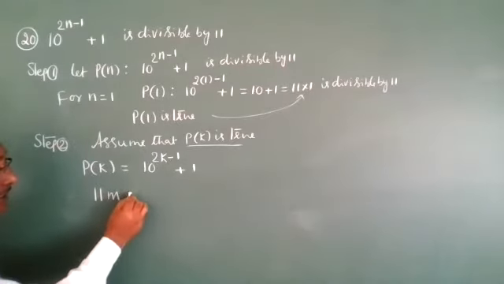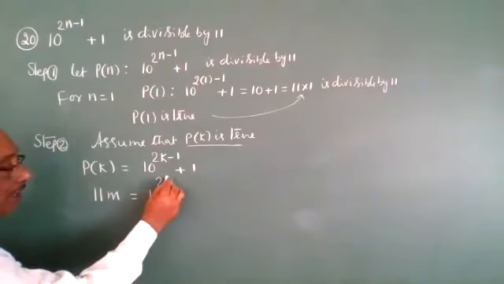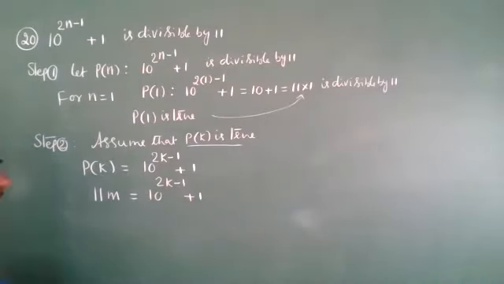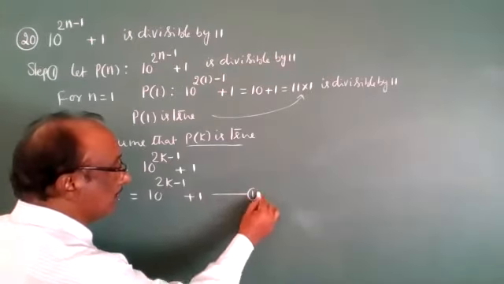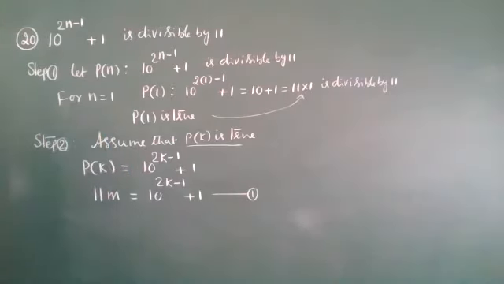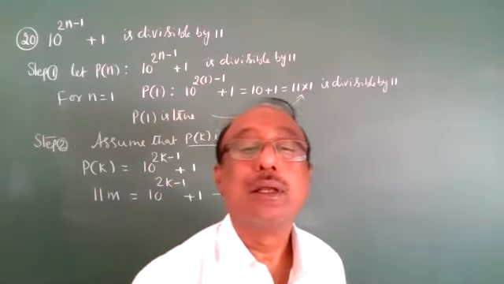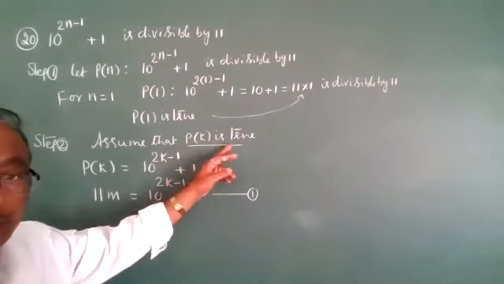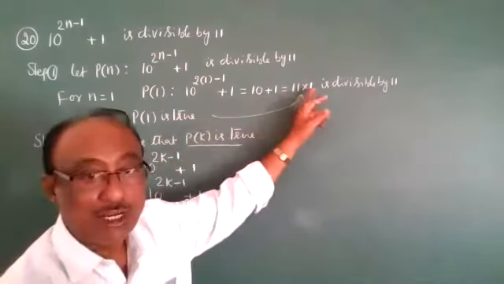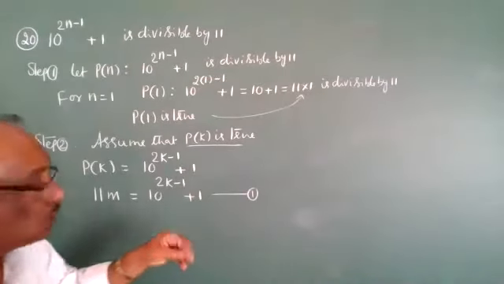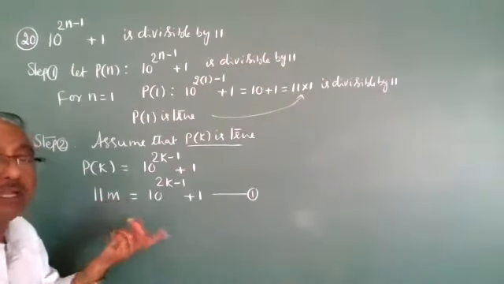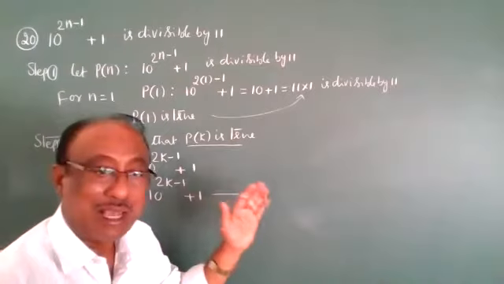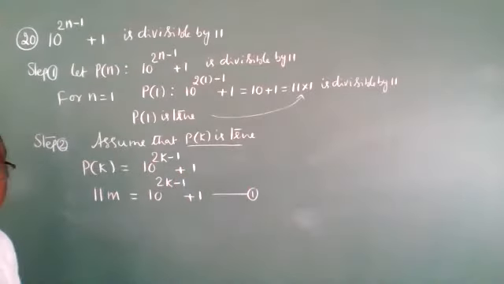We don't know that number now, so let it be m. So 10 to the power of 2k minus 1, plus 1 is equal to 11m. Let it be equation number 1.